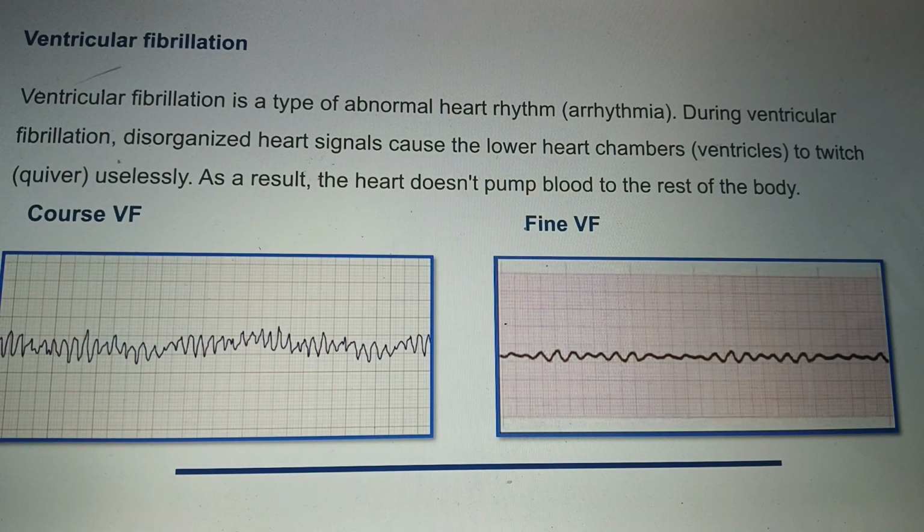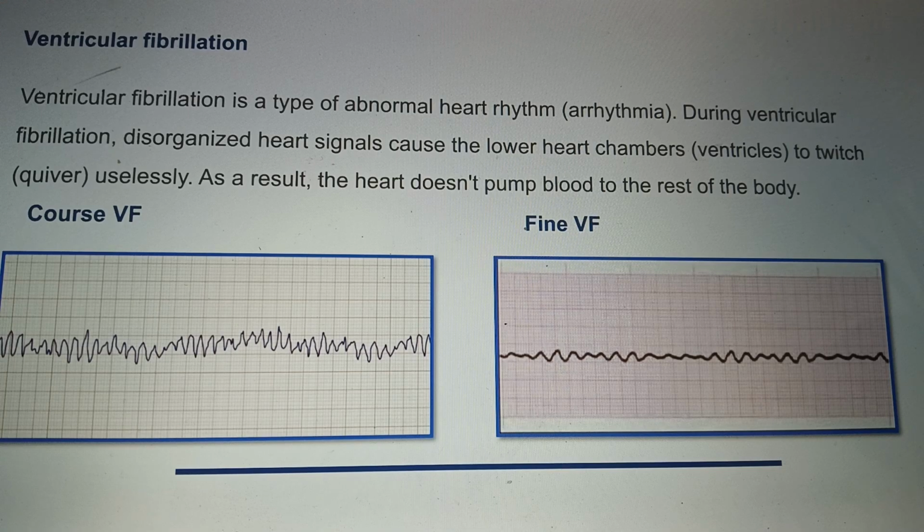After that, ventricular fibrillation, that's a cardiac arrest. As everyone knows, ventricular fibrillation is a type of abnormal heart rhythm. During ventricular fibrillation, disorganized heart signals can cause the lower heart chambers to twitch, that means to fibrillate uselessly. That means there is no coordination.